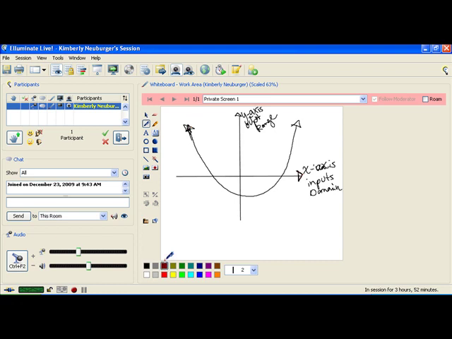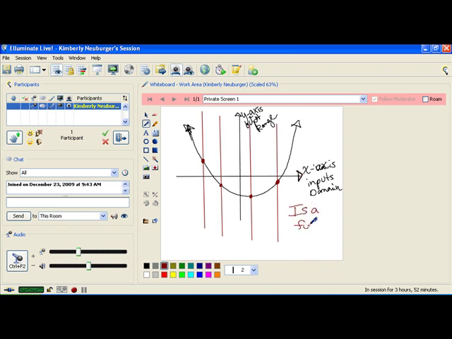If we do what's called the vertical line test on this graph, everywhere on this graph, if we draw a vertical line, no matter where I choose to draw that vertical line, it will cross my graph at only one point. Because of that, we would say that this particular graph passes the vertical line test, and so this is a function.